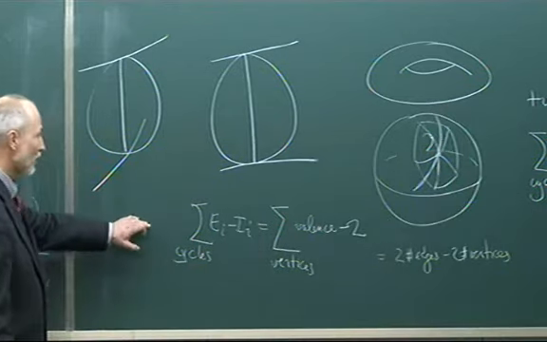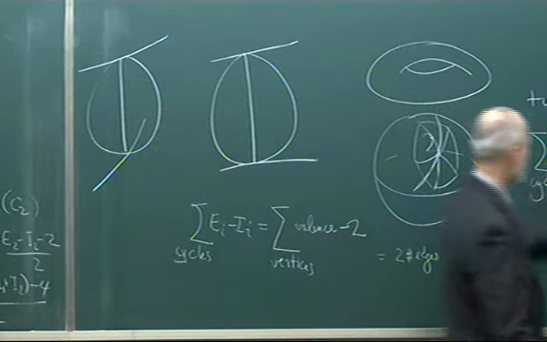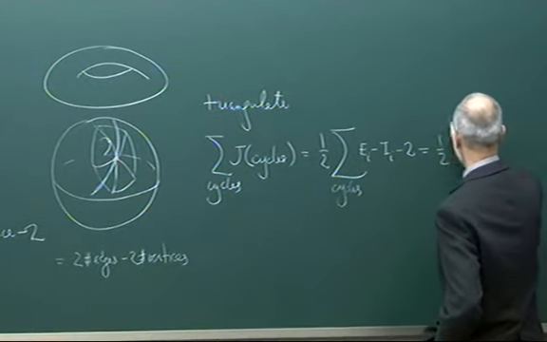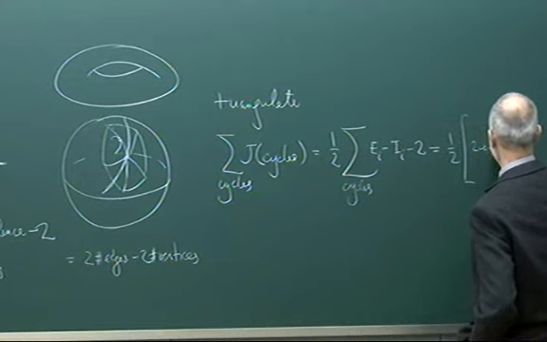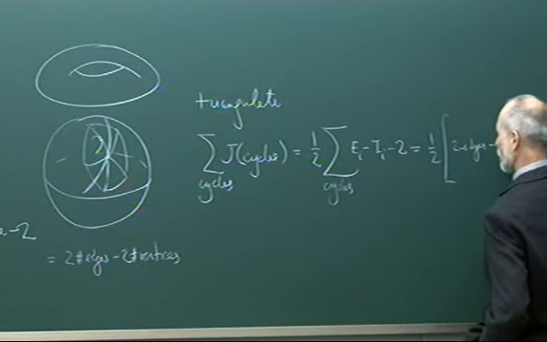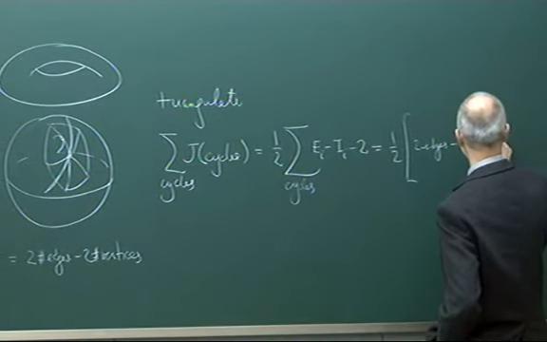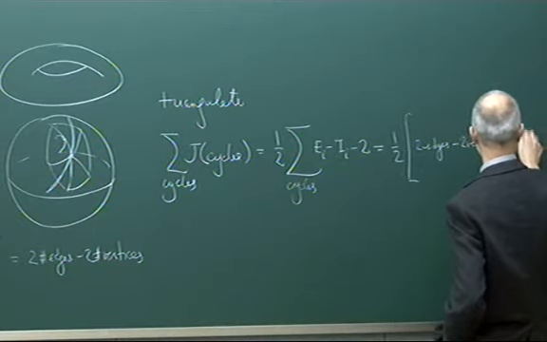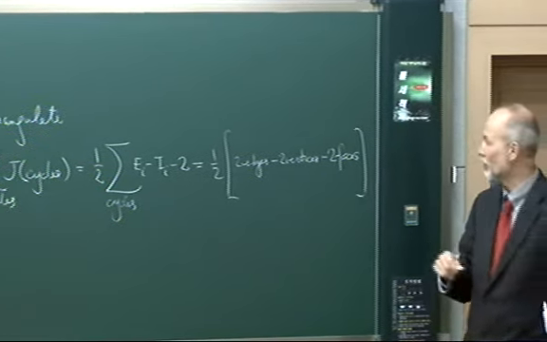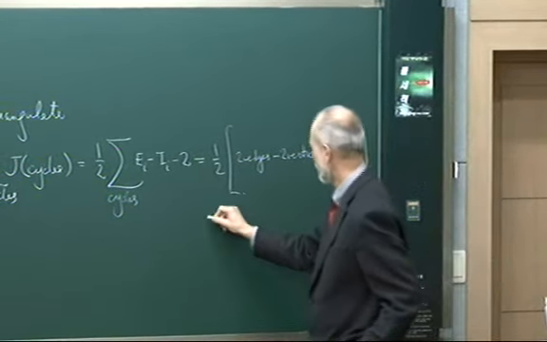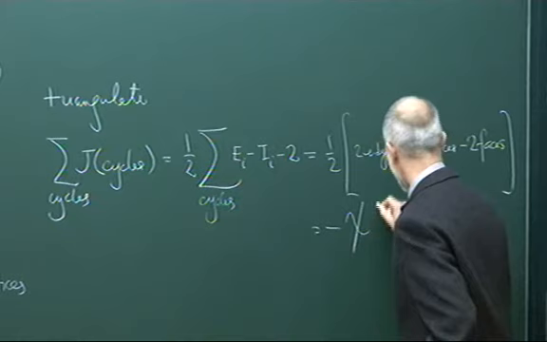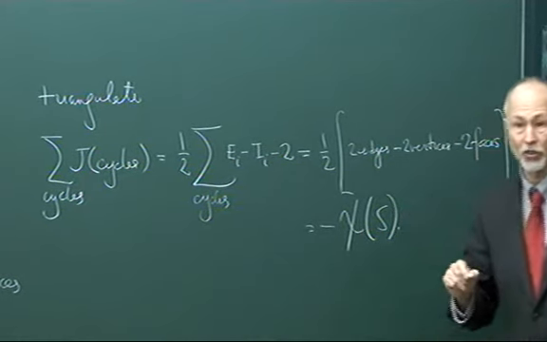So let's see, if I put this together with what I have over here for the cycles, this becomes 1/2 of twice the number of edges minus twice the number of vertices minus twice the number of faces, where each face is what's surrounded by the cycles. And you'll recognize here that this is exactly equal to minus the Euler characteristic of the surface.